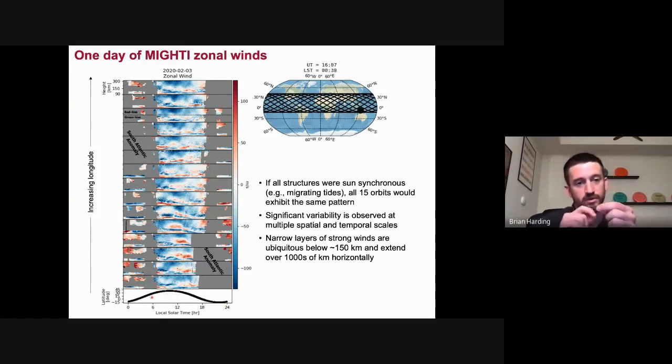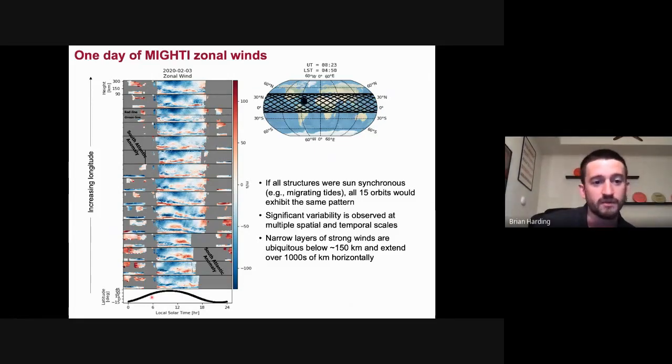Of course, when you complete an orbit, you're at the same local time by definition, and you come back at the same latitude, but at a different longitude because the Earth has rotated under you by about 24 degrees. So if all the structures we're seeing were simply migrating tides, then all 15 orbits would look the same, but they don't.